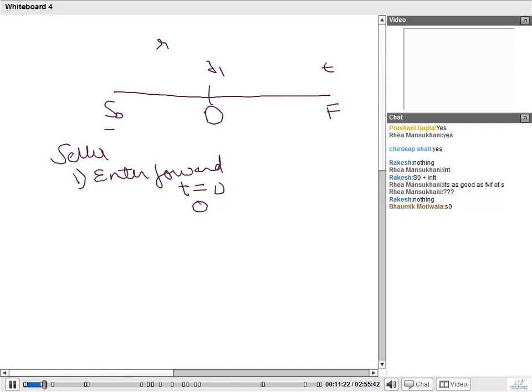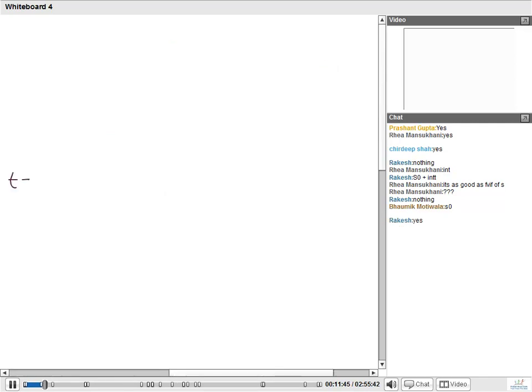So whoever is owning the stock at a particular point in time is the person who will be entitled to receive the dividend payments. So at t equal to T1, if the seller has entered the forward, will he receive a dividend payment of D? So he receives a dividend payment of D, and at t equal to T, what is going to happen?